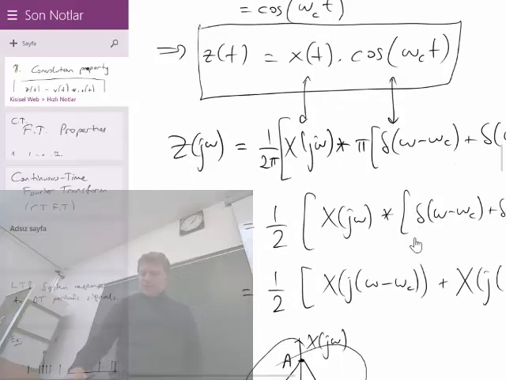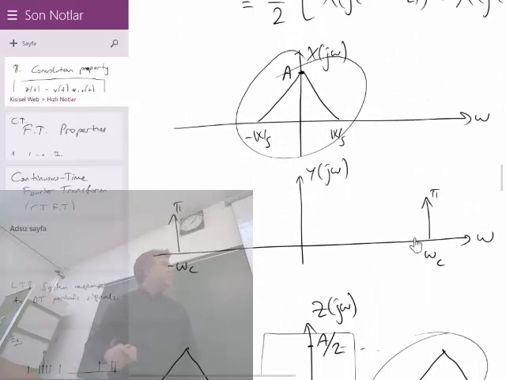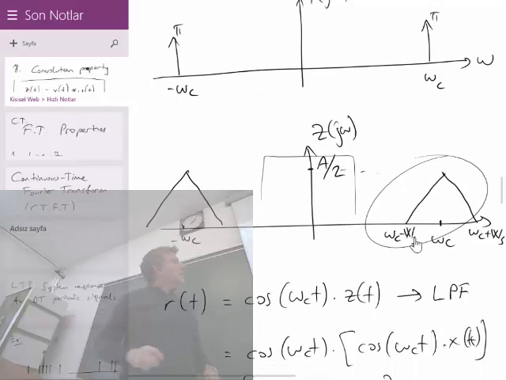And we know that cosine Fourier transform corresponds to two impulses at omega c and minus omega c. So when you convolve your triangle shape with these two impulses, what you do is you carry those two triangles to the position of the impulses to get this final shape, two triangular shapes, two band-limited bandpass shapes.